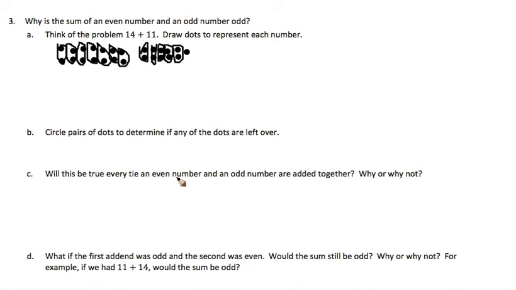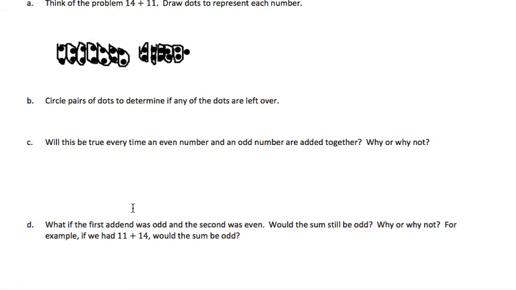Will this be true every time an even number and an odd number are added together? We would expect it to be, because the even number would have pairs with no dots left over, and the odd number would have pairs, but there would be a dot left over.